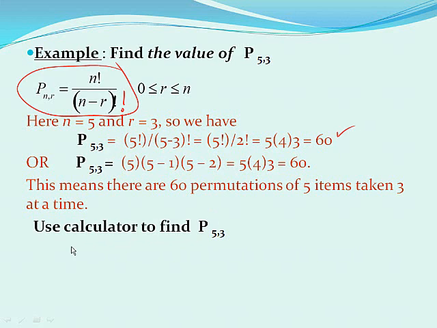So we are going to use the calculator to find P5, 3 also. Remember that I mentioned in the calculator this will be using this symbol. 5 is first, and then you need to have the symbol nPr. This is the calculator key, and then use the R value as the next number. This is the way you enter this.